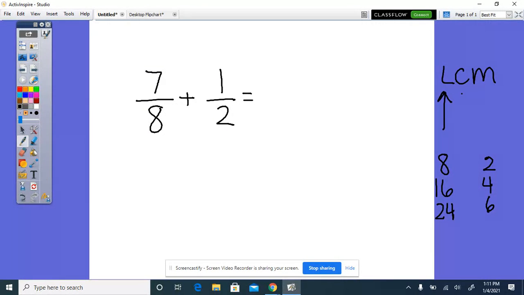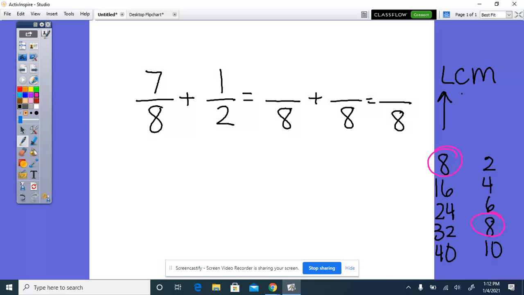Do they have a number in common yet? No, so I'm going to keep going. 32, 40, 8, 10. Do they have a number in common? Yes, they do. And we stop at the smallest number that they have in common. Next, you are going to make that your denominator for the rest of the problem.